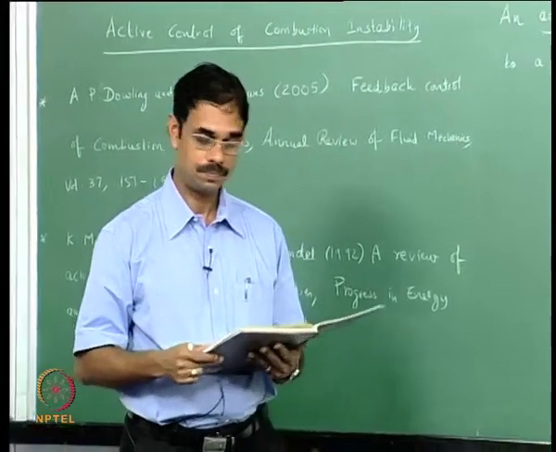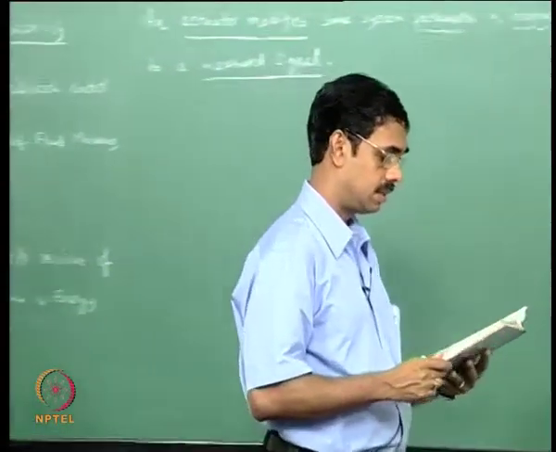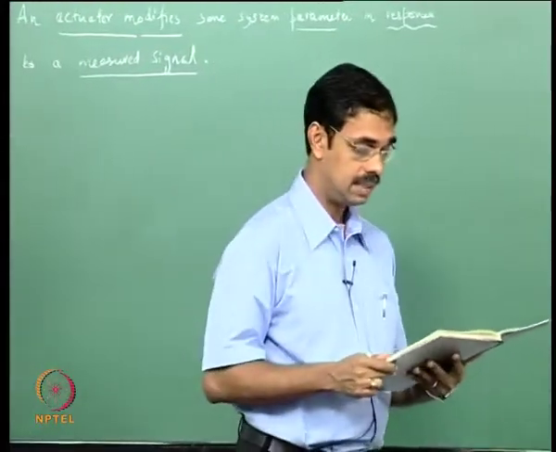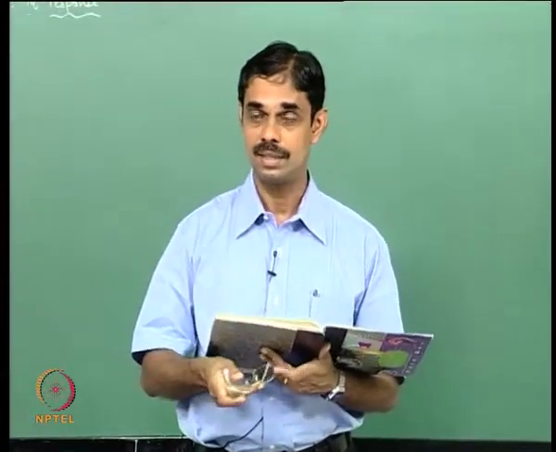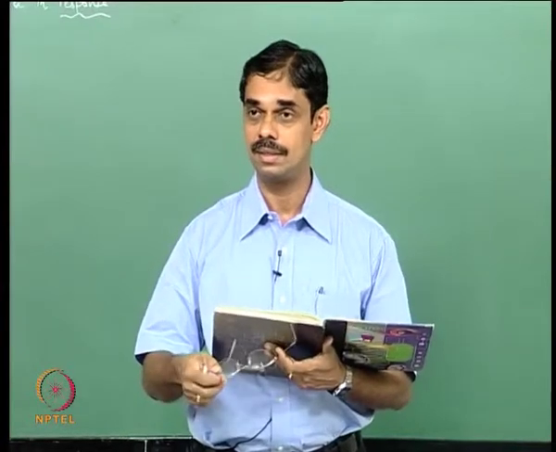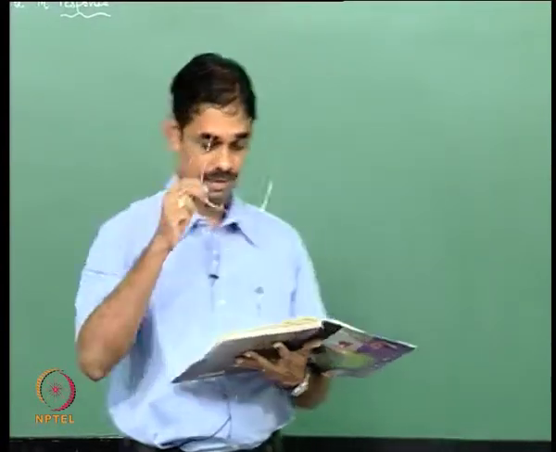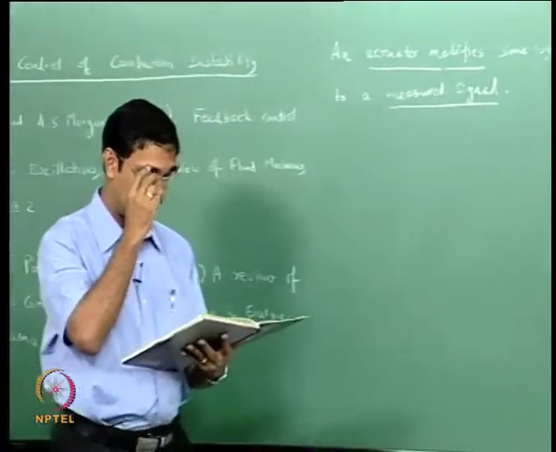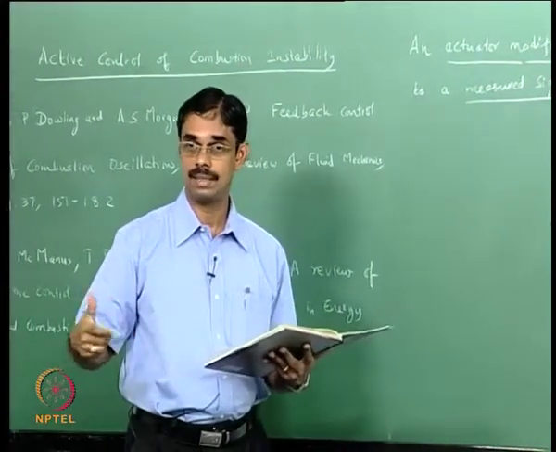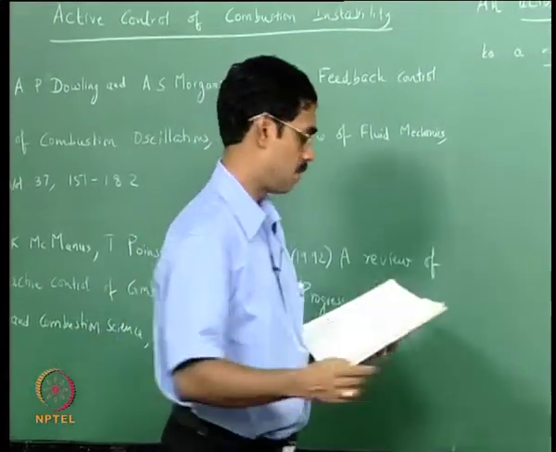The aim is to design the controller such that the unsteady heat release and acoustic waves interact differently. There is some way of interaction, and then you want it to interact some other way. The controller means the relationship between the measured signal and the signal used to drive the actuator.